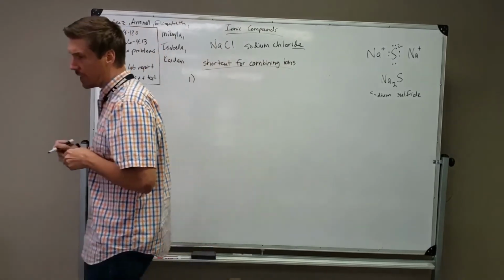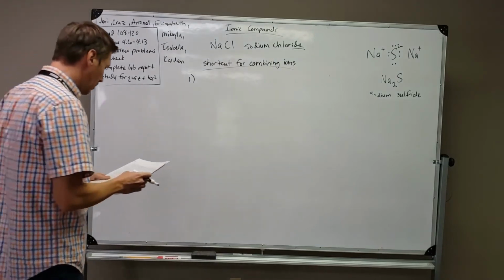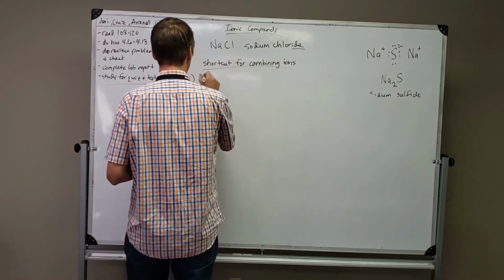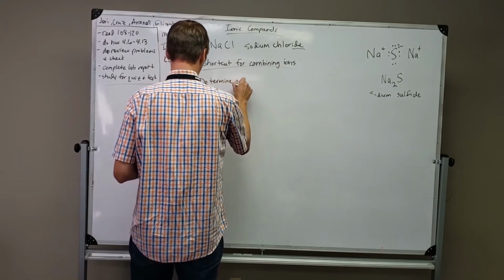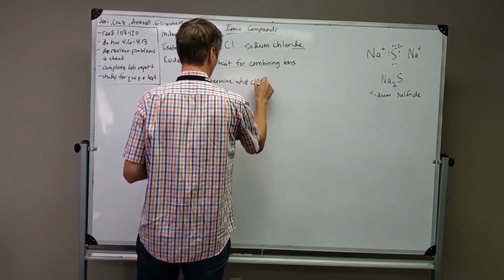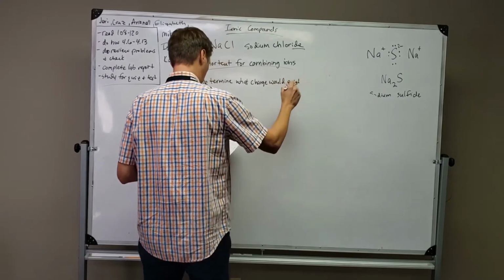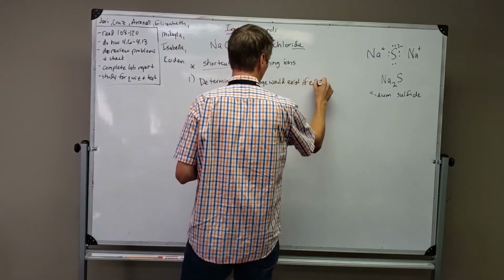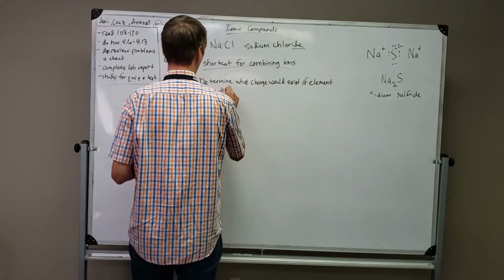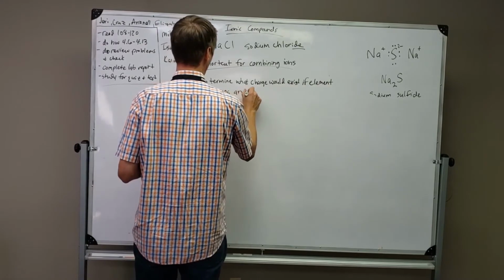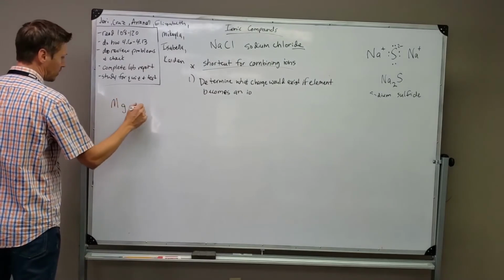First of all, the first step is you want to determine, make sure you know these steps here, determine what charge would exist if an element becomes an ion. So in this case, we're doing magnesium and we're doing phosphorus.